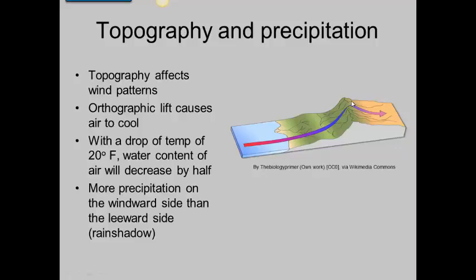And so now we've got dry air descending down the mountain, heating up, maybe even causing the moisture in the soils to evaporate. And what we end up with is a really dry, high desert, or desert in some cases, on the eastern side of the Sierra Nevada mountains. So that's called a rain shadow. So topography and proximity to large bodies of water both have huge impacts on climate.